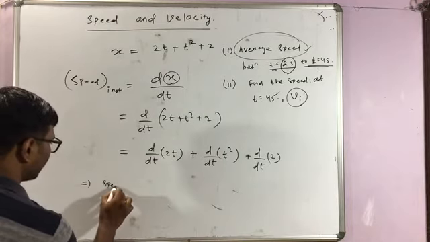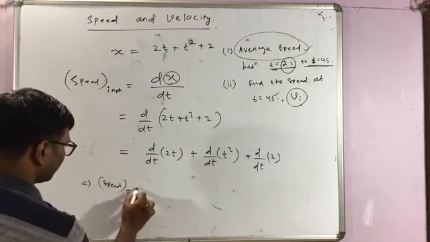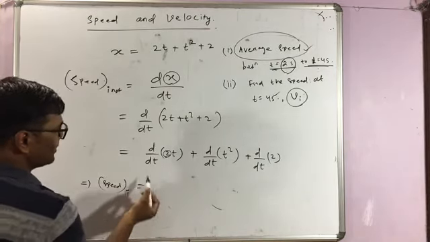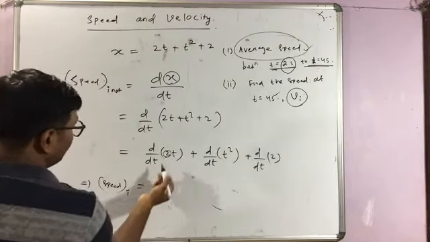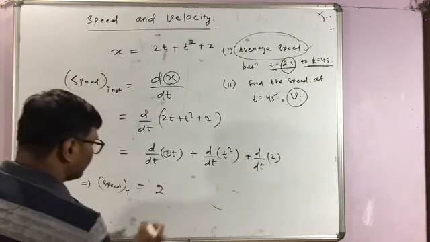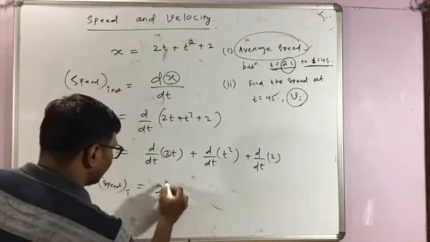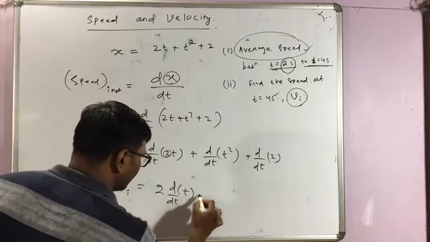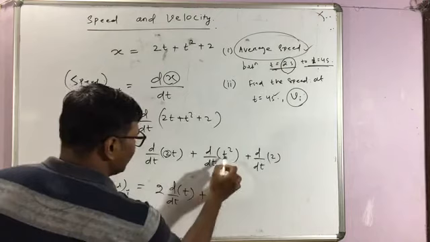Which implies the instantaneous speed is given by, see, d by dt of 2t. 2 is a constant in this derivative, so you can take it out of the derivative, so which is 2 times d by dt of t, plus d by dt of t square.